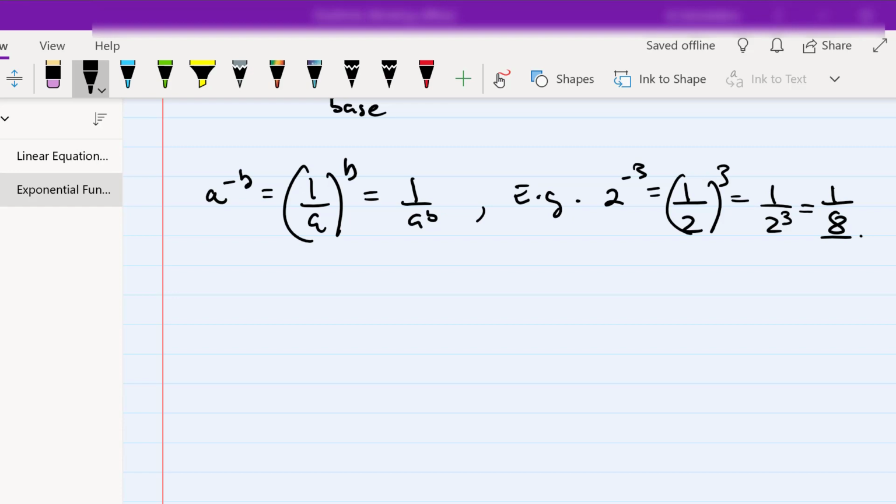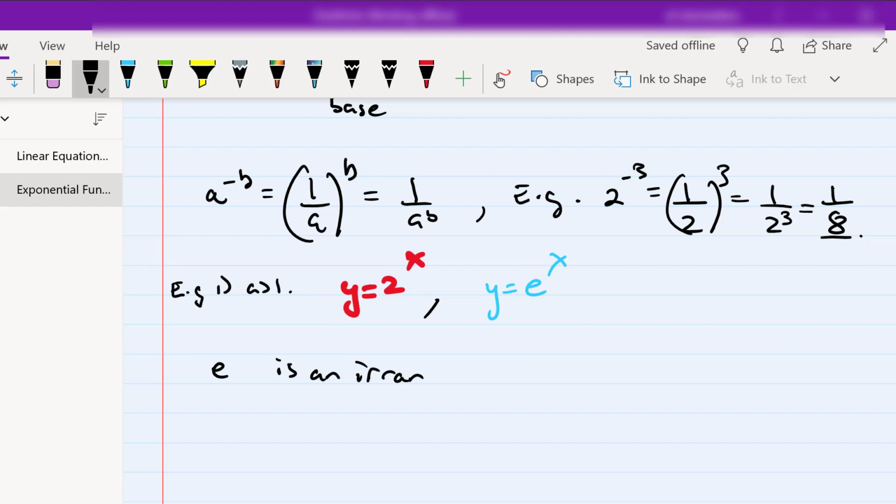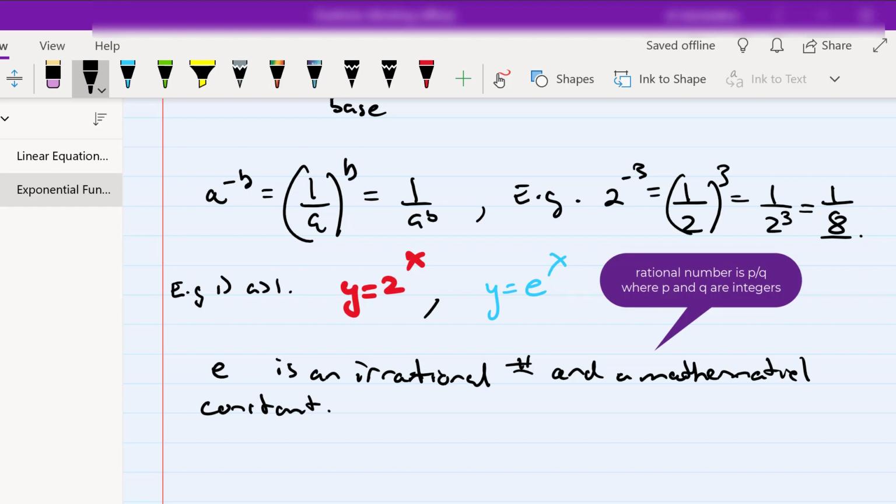Let us look at some examples of exponential functions. Let us consider, for example, when a is greater than 1, and we have y equals 2 to the power of x, and y equals e to the x. e is an irrational number and a mathematical constant, kind of like pi.